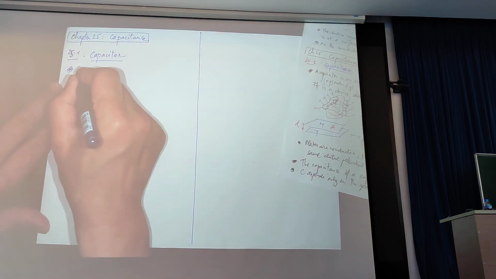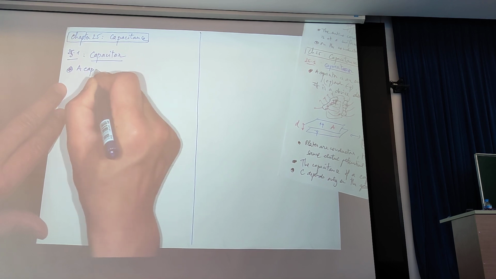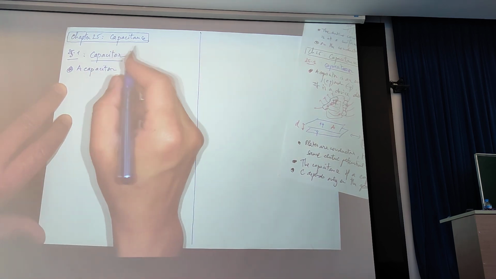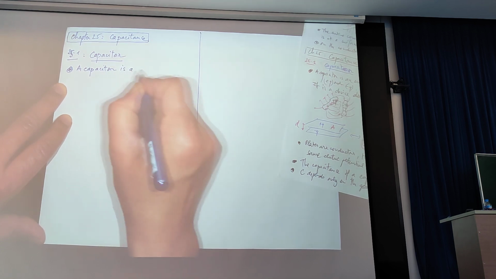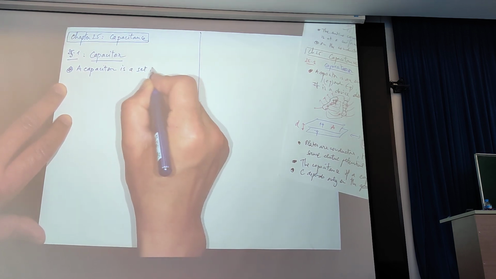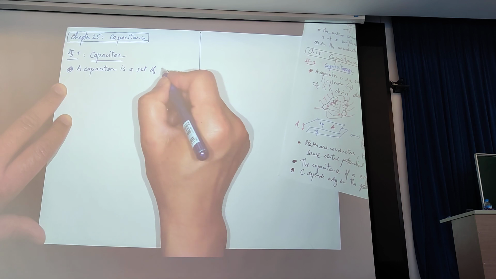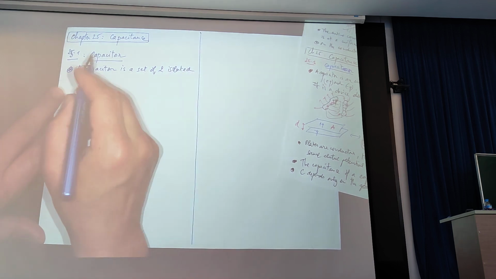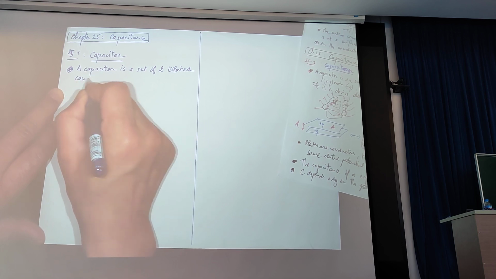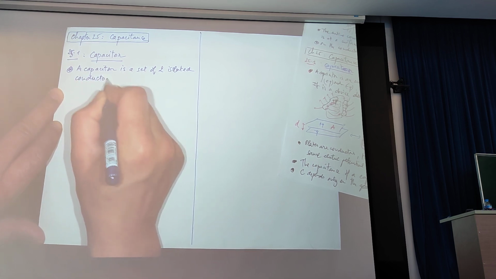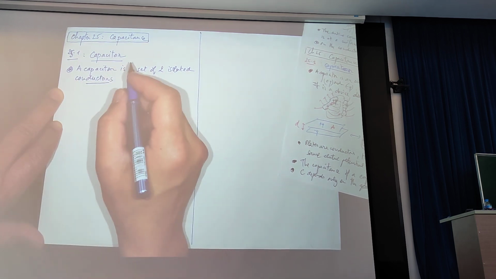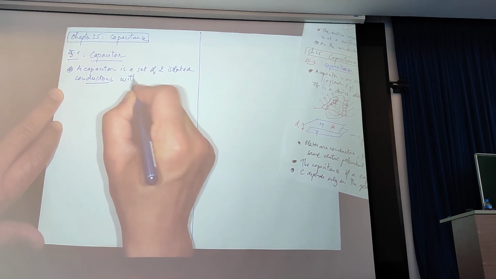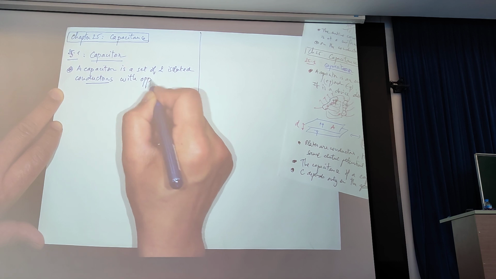So a capacitor, can you read me here? Okay, is a set of two isolated conductors with opposite charge.